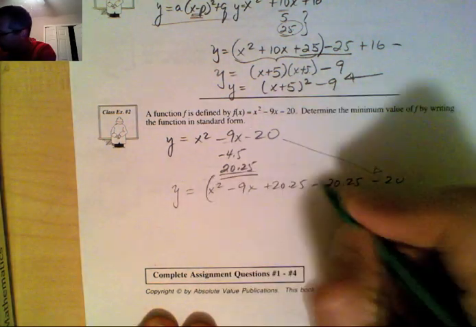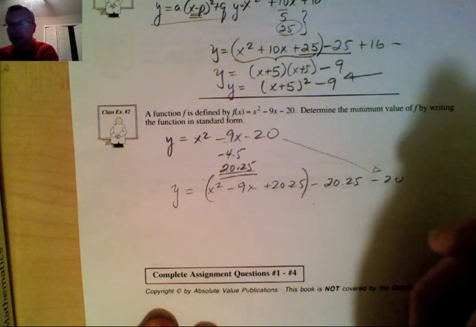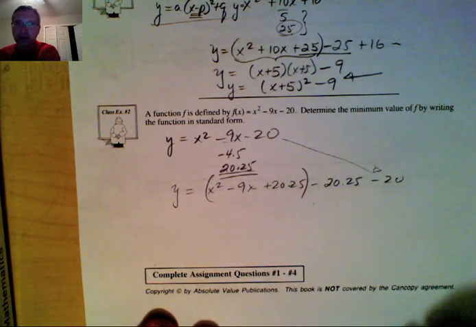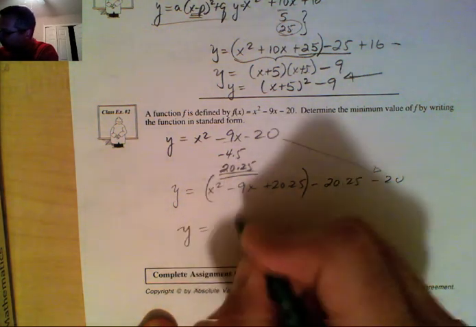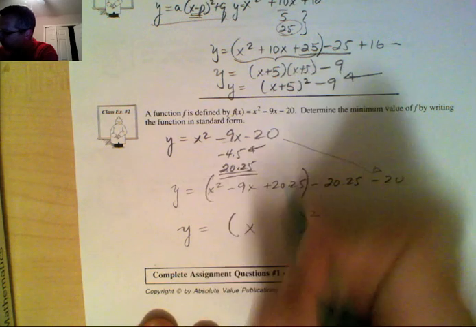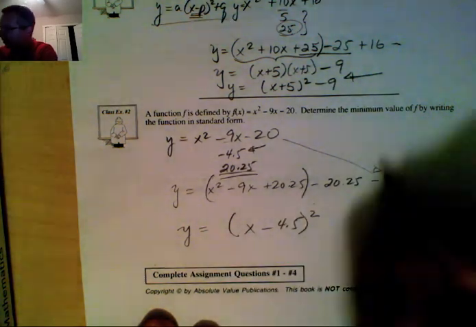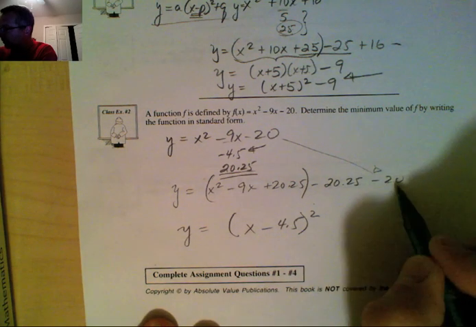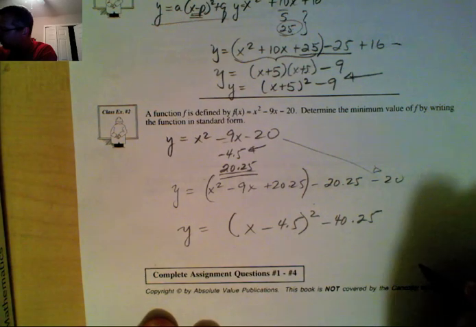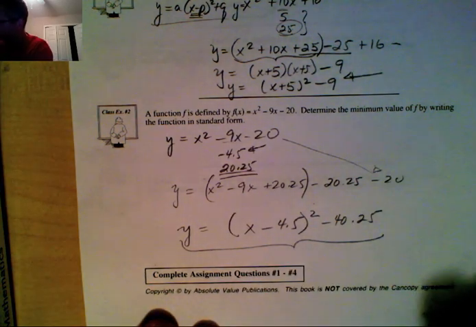Remember, those first 3 terms are what are going to give us our perfect squared factor. And remember, our perfect squared factor is going to be half our middle term, and half our middle term is negative 4.5. Now if we take negative 20.25 minus 20, we get negative 40.25.